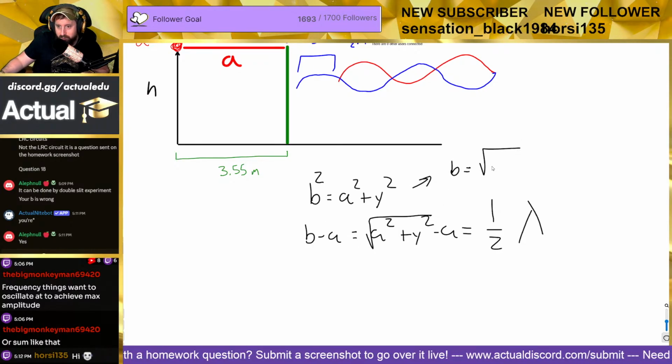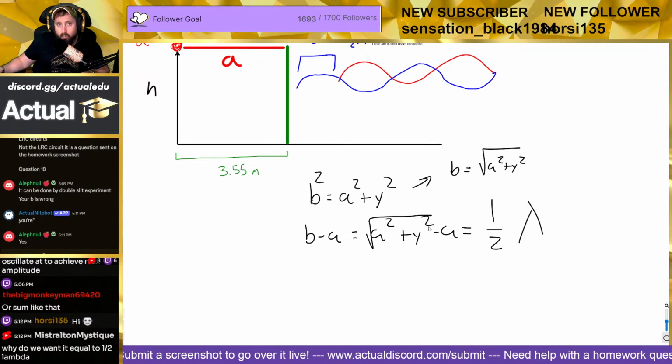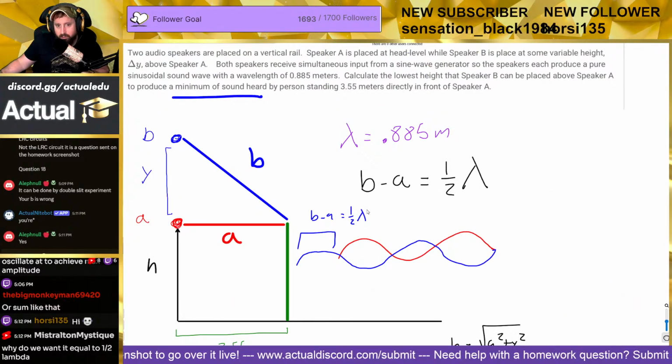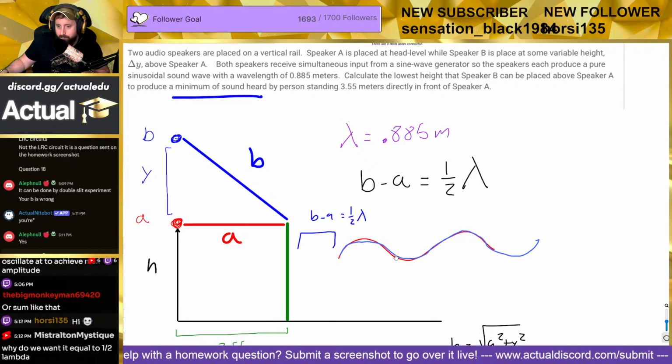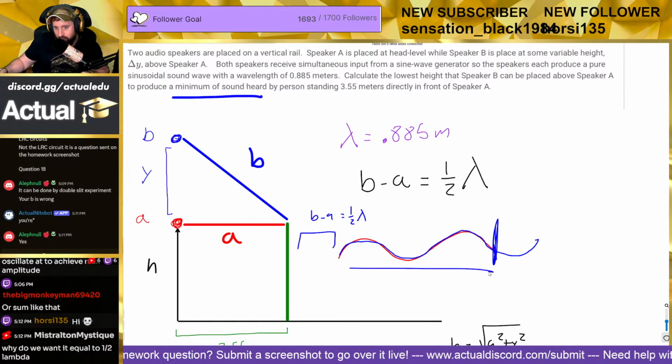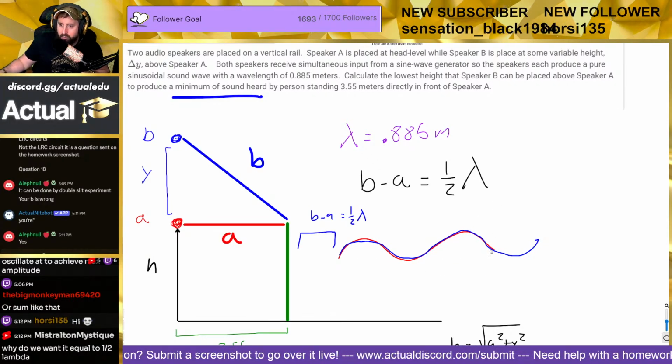I think you could probably do this with the small angle approximation, but why do we want it to equal half of a wavelength? So here, Mistral. Let's consider the wave from A being this red curve here, and the wave from B being the blue curve. If they traveled the same distance, then they would have constructive interference at the endpoint, because they would both be peaks, or both be troughs, whenever they hit here.